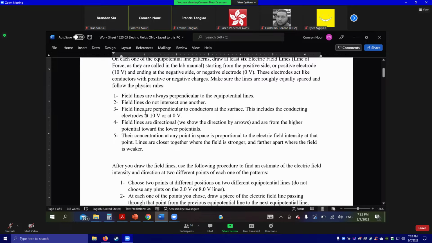So field lines should always be perpendicular to the surface of conductors. This includes the conducting electrodes at 10 volt and 0 volt. Field lines are directional. We show the direction by arrows and they are from higher potential toward the lower potential.